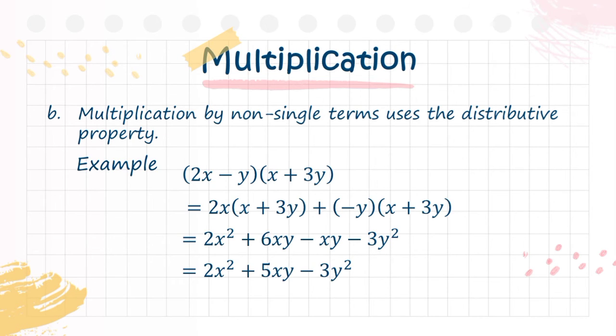Then we simplify it to equals 2x to the power of 2 plus 5xy minus 3y to the power of 2. We can also write that it is equals to 2x to the power of 2 minus 3y to the power of 2 plus 5xy.